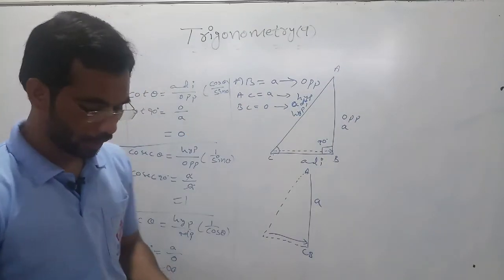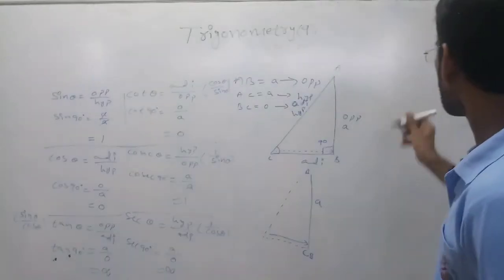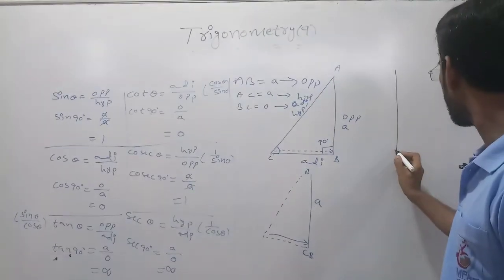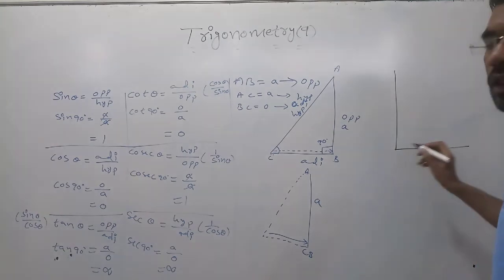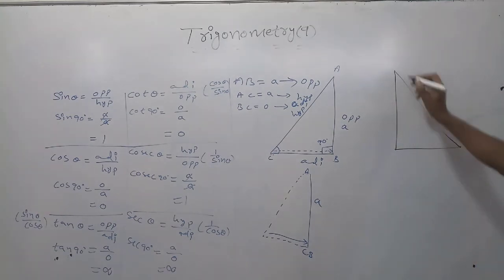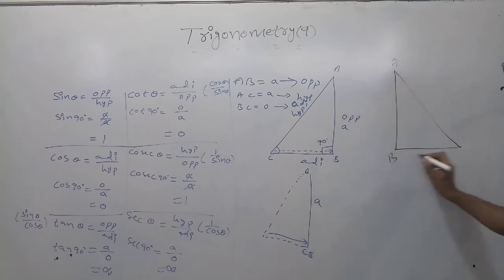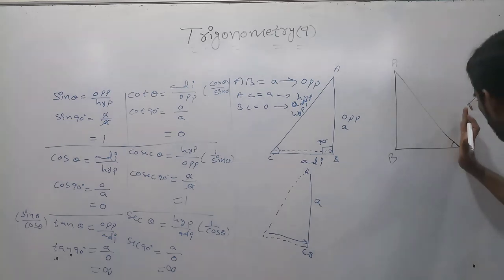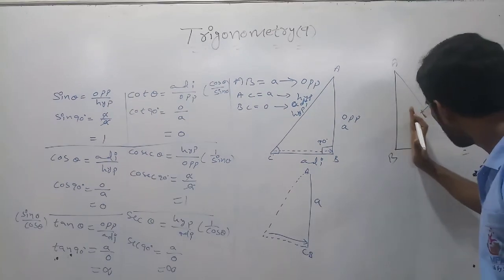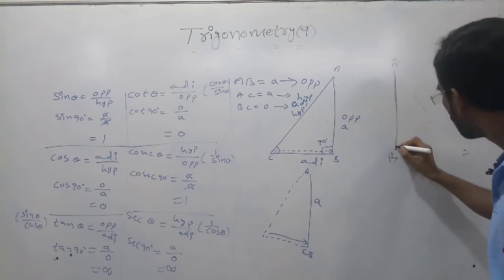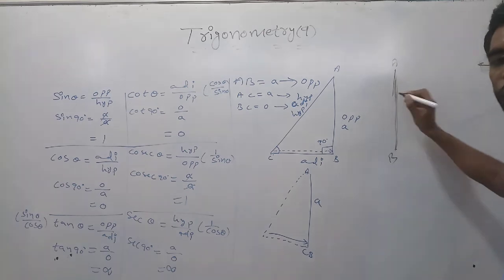See, this is one side of the right angle triangle, this is another side, and this one is also another side of the right angle triangle. Now name it as A, B, C. If I want to make this angle 90 degrees, what do I have to do? I have to take this one towards B. If it is moving towards B, it will join with AB.